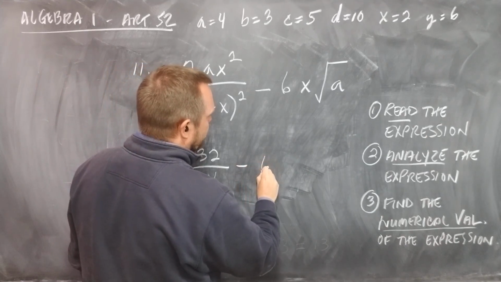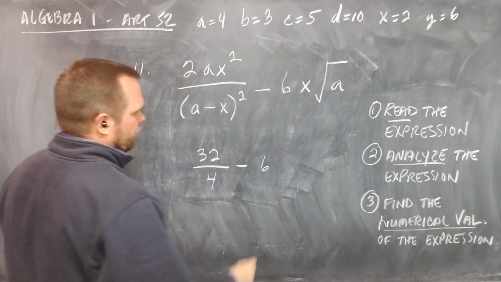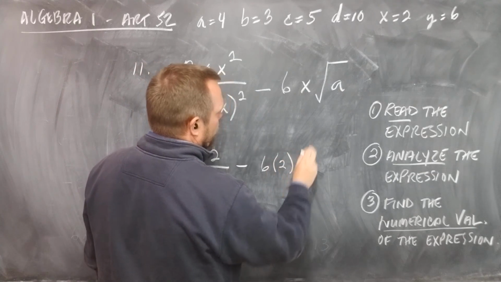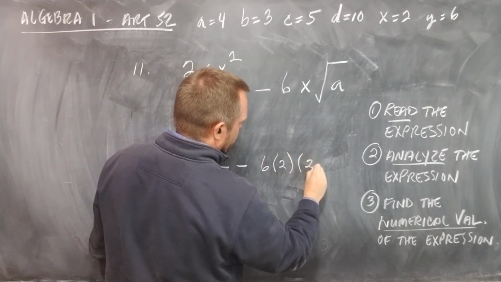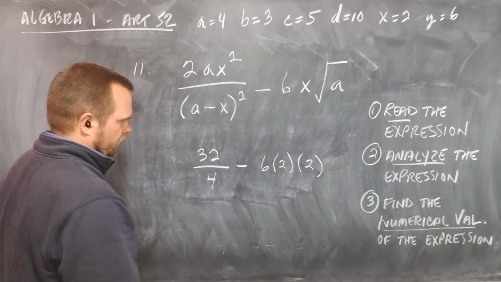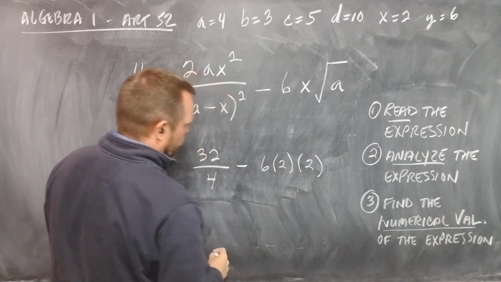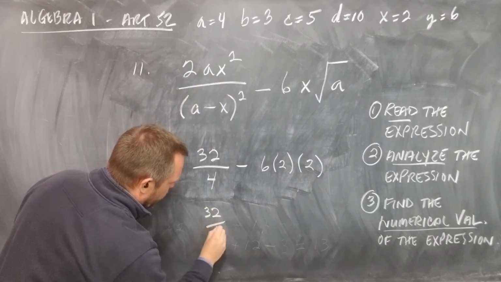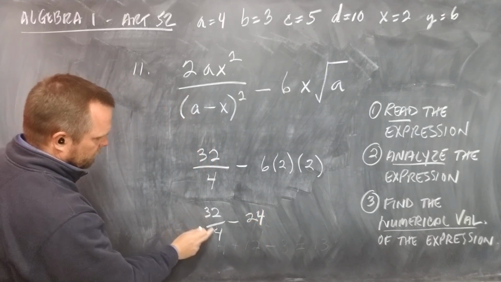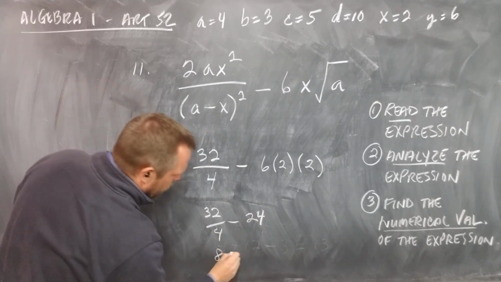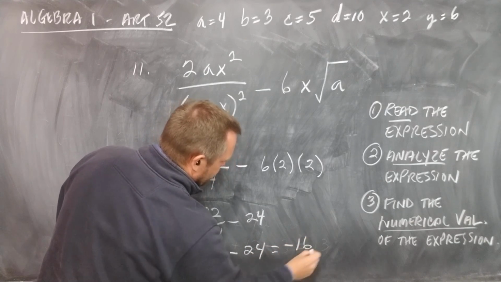Minus 6 times x. x is equal to 2. Therefore, we have 6 times 2 times the square root of a. a is 4. Therefore, the square root of 4 is 2. 6 times 2 times 2. 6 times 2 is 12. Times 2 makes 24. So we have 32 over 4 minus 24. 32 divided by 4 is equal to 8, minus 24 is equal to negative 16.